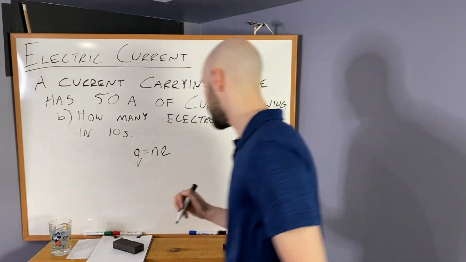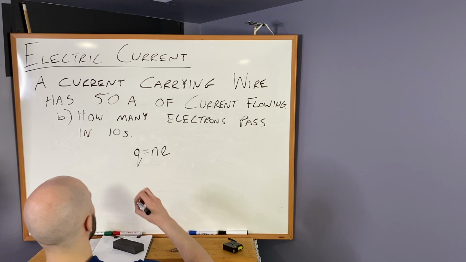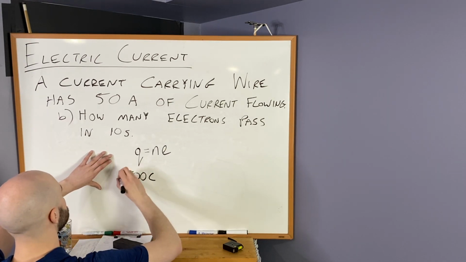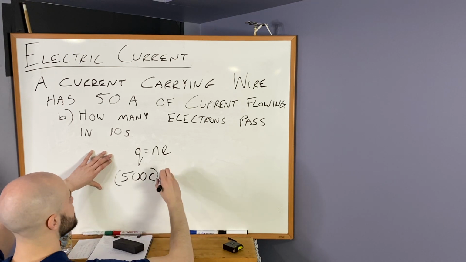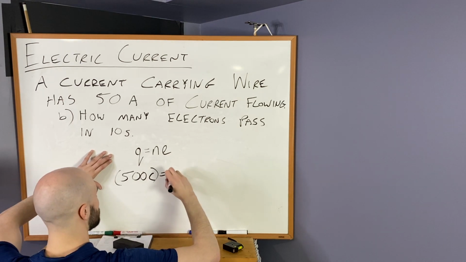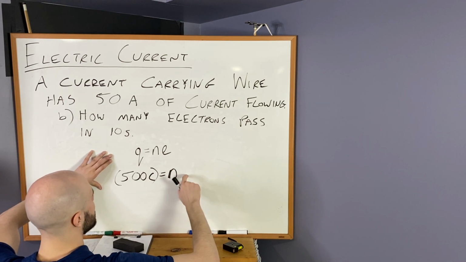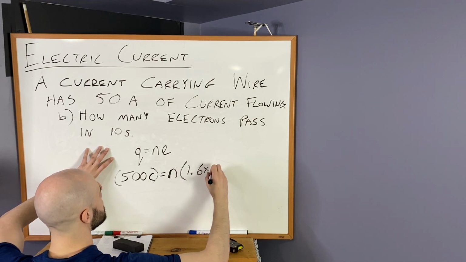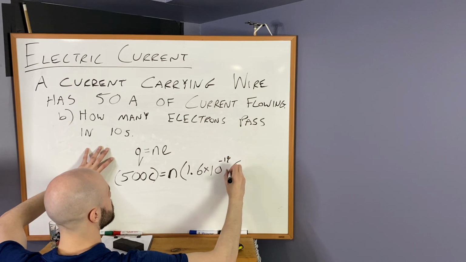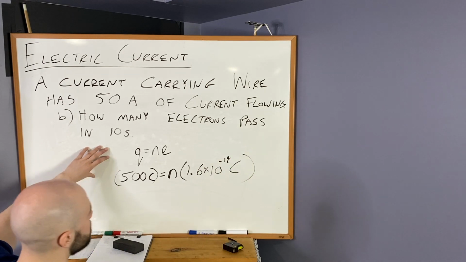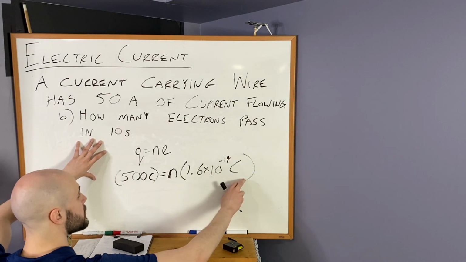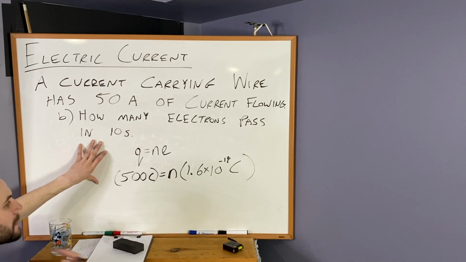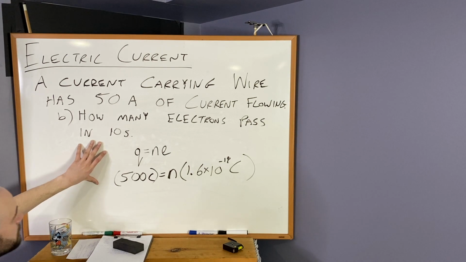So let's work it out this way. We know that we have 500 coulombs passing this point in 10 seconds. We want to find our number, and we know the charge is 1.6 times 10 to the minus 19 coulombs. Find that on page 1 of your reference table. Yes, electrons have a negative charge, but we just want to know the number passing. We're looking at the magnitudes here.